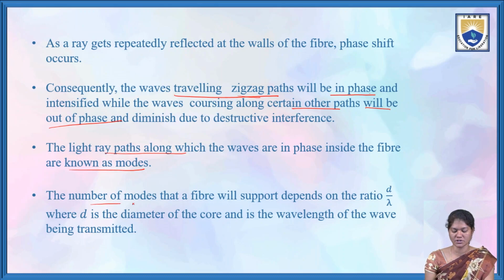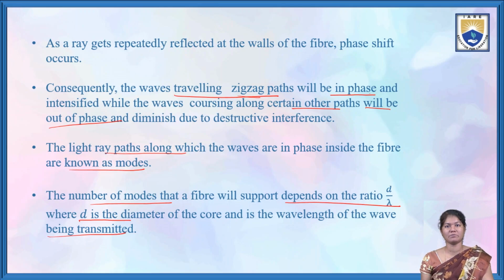The number of modes that a fiber will support depends upon the ratio d by lambda, where d is the diameter of the core and lambda is the wavelength of the light being transmitted.